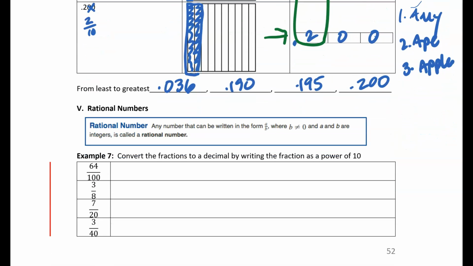So let's talk about what it means to be a rational number. Whenever I'm trying to remember these terms, I try to think of parts of the word so that it's easier to remember them. Rational starts with ratio. If you think back to the fractions, when you have a ratio, you're just comparing two numbers.